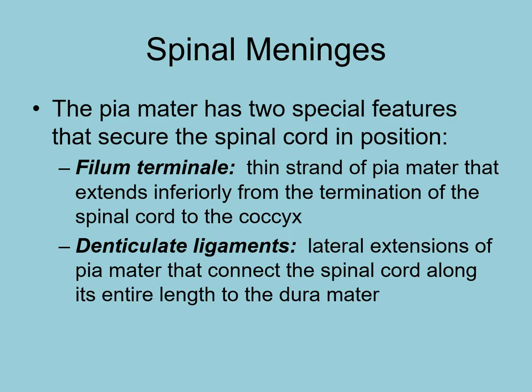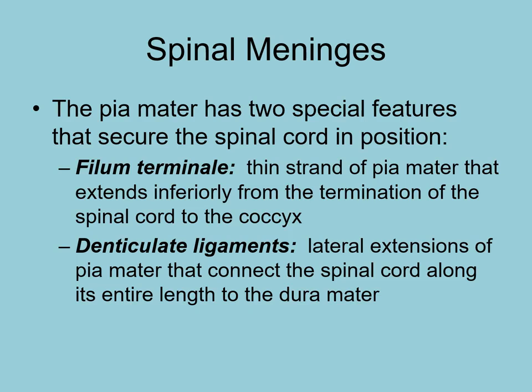The pia mater has 2 special features that help to attach it to the spinal cord and keep it from sliding around. The filum terminale is a thin strand of that pia mater. It's going to extend inferiorly from the termination of the spinal cord, down to the coccyx to attach it.